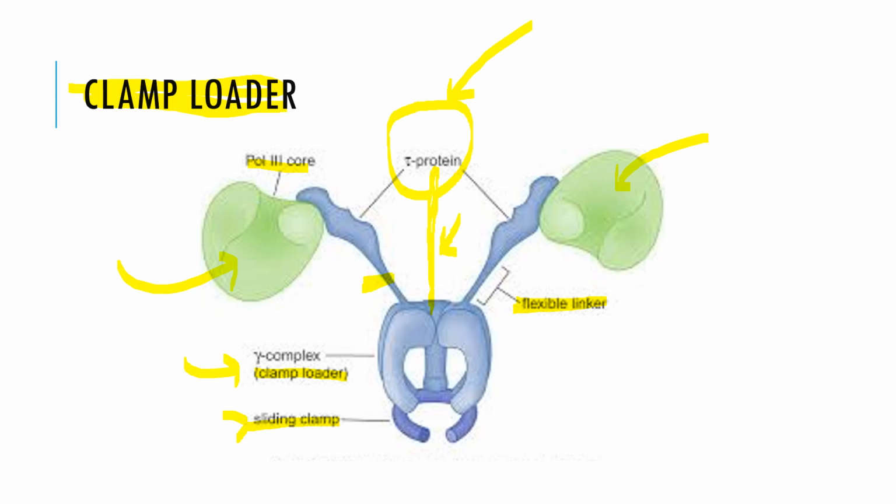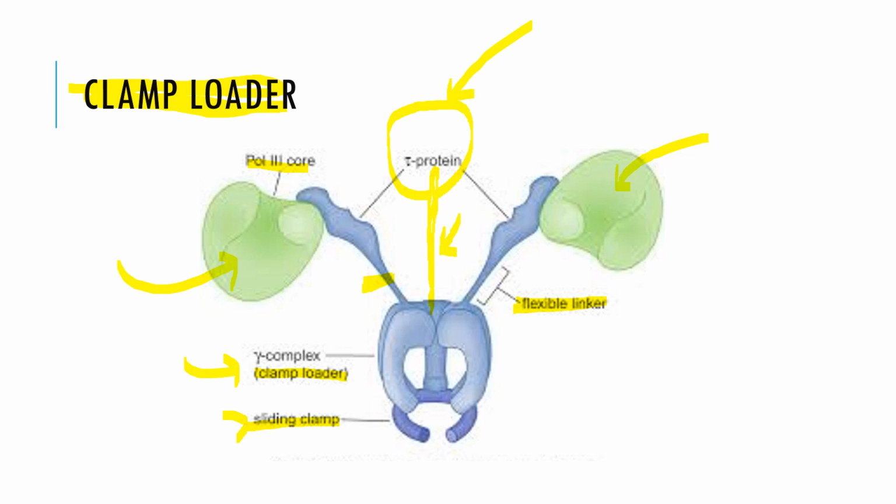In the case of the clamp loader, the sliding clamp is attached. Thus this sliding clamp and the clamp loader can hold the template strand. In that case, DNA polymerase 3, or DNA polymerase delta or epsilon in the case of eukaryotes, will not fall down, and the process of DNA replication will go smoothly. There will be no problem.